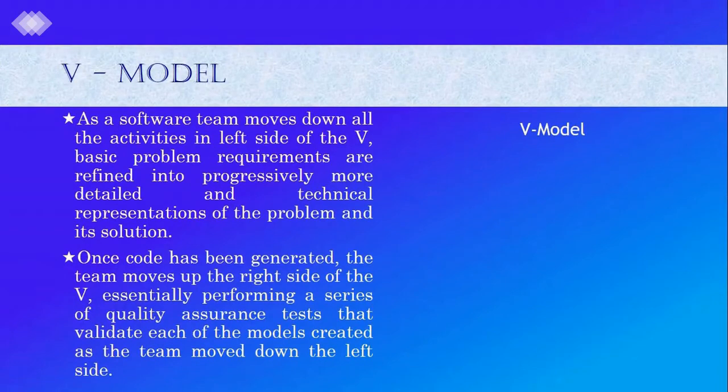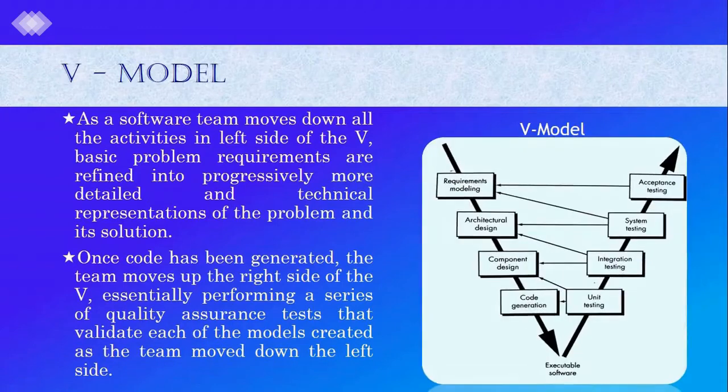As a software team moves down all the activities on the left side of the V, basic problem requirements are refined into progressively more detailed and technical representations of the problem and its solution. The left side activities are requirements modeling, then architectural design, then component design, and code generation.